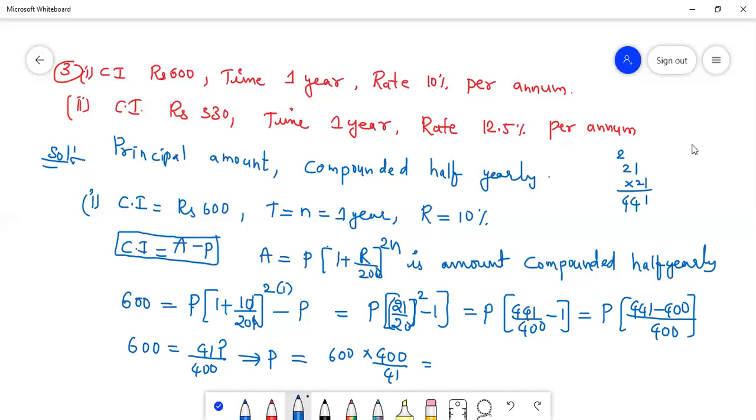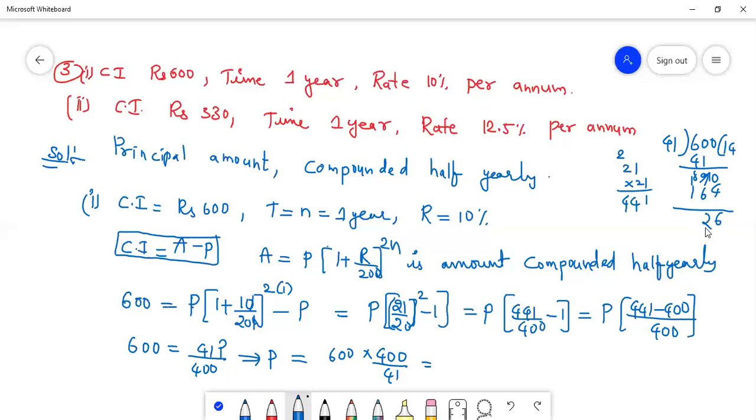600 can be divided by 41. 41 ones are 41, 4 fours are 16, 4 ones are 4, 4 fours are 16, it's 8, 1, 6.